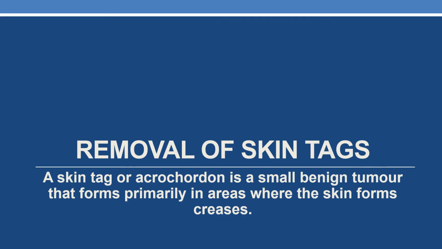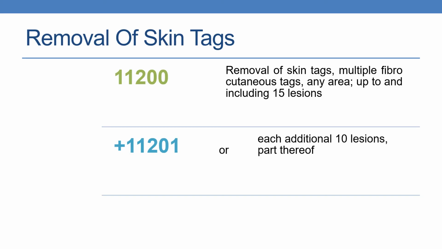Now coming to the next topic, removal of skin tags. So what is a skin tag? A skin tag or acrocordon is a small benign tumor that forms primarily in the areas where skin forms creases. So the various CPTs for removal of skin tags are 11200 and an add-on code 11201.